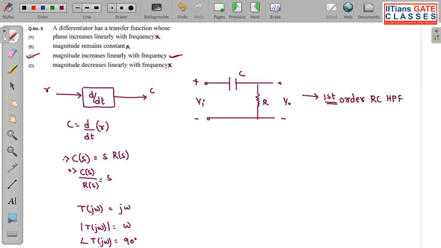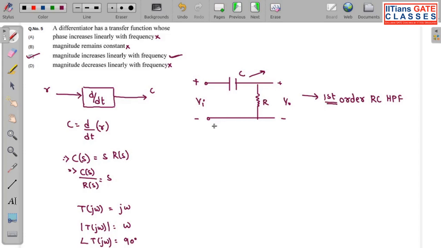Why first order? Because we have just one storing element, or if I write the differential equation for this circuit, we will have just an order 1 differential equation. That is why this is first order RC, because it is an RC circuit, and why it is a high pass filter we will see right now.